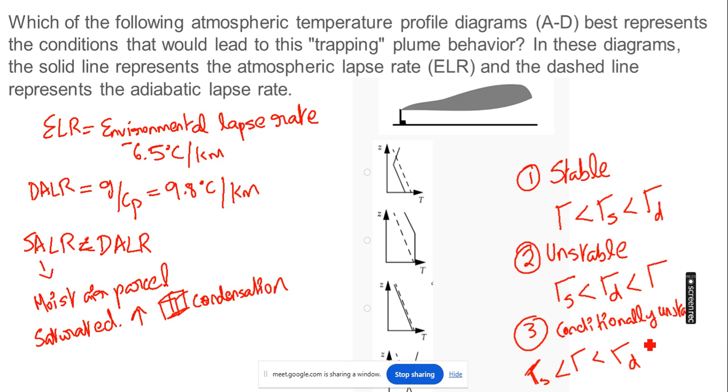So initially, when the parcel is unsaturated, the parcel will be stable, whereas once it gets saturated, the parcel will become unstable. So that was the third stability condition, the conditionally unstable atmosphere.